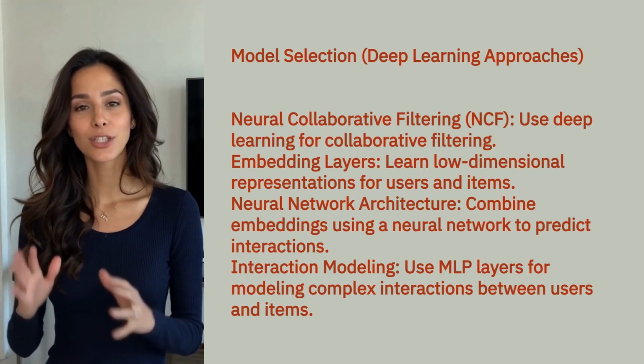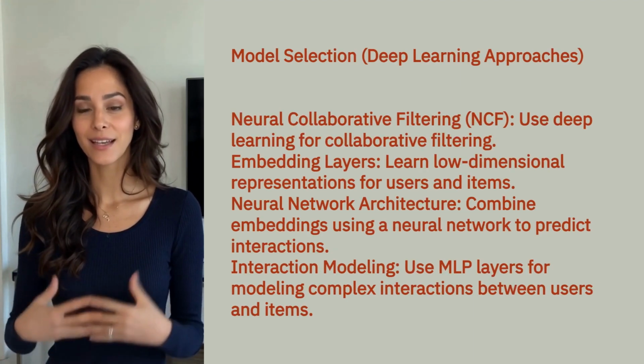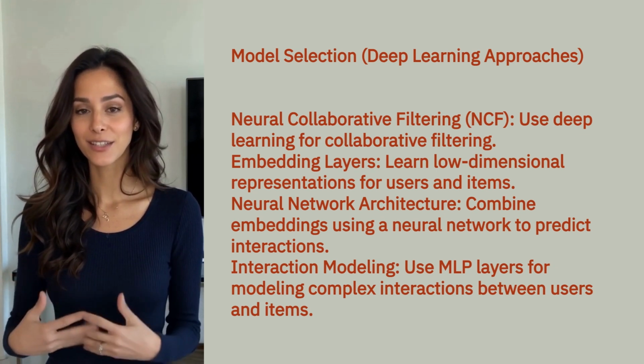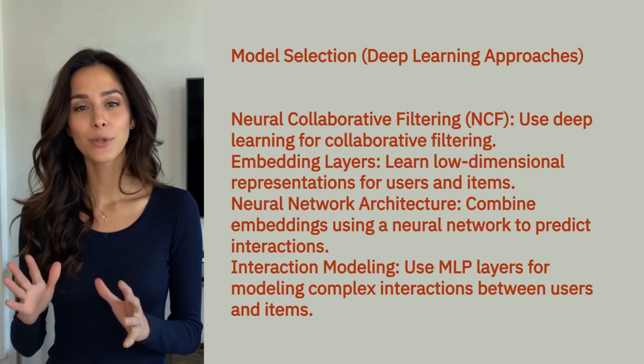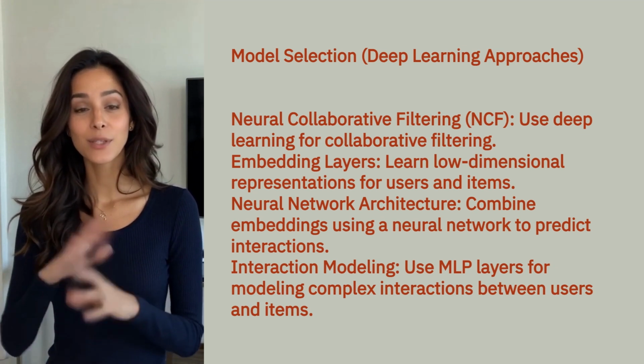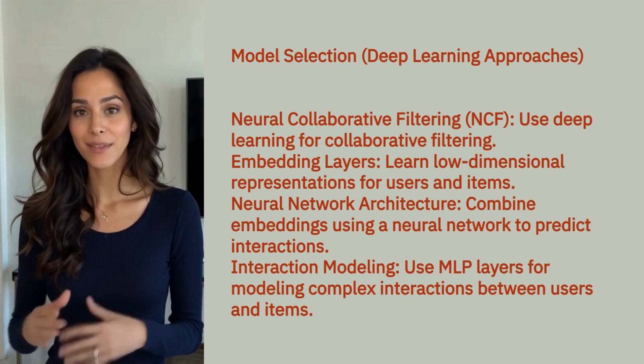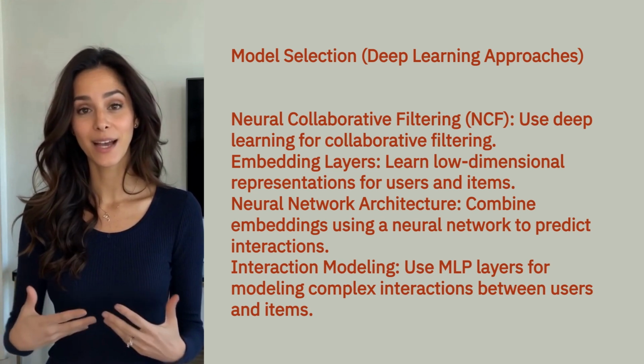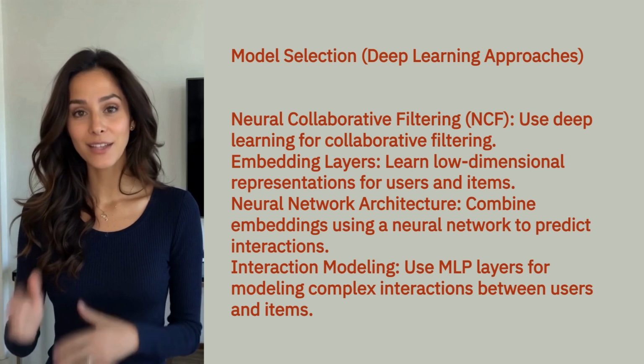In addition to traditional collaborative filtering techniques, deep learning models have been increasingly successful in recommendation systems. A well-known deep learning-based method is neural collaborative filtering, NCF. This technique uses embedding layers to convert user and item IDs into low-dimensional vectors.